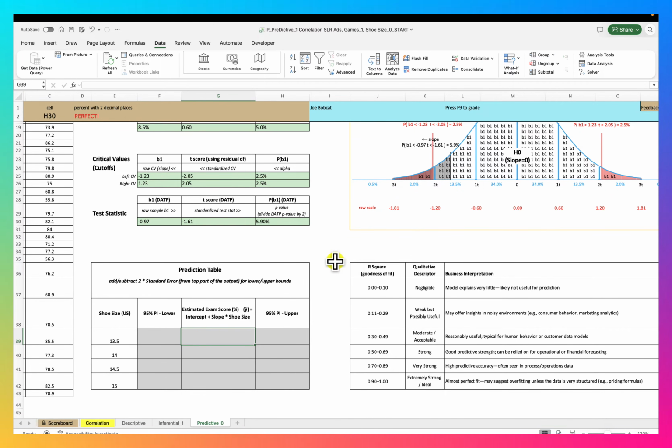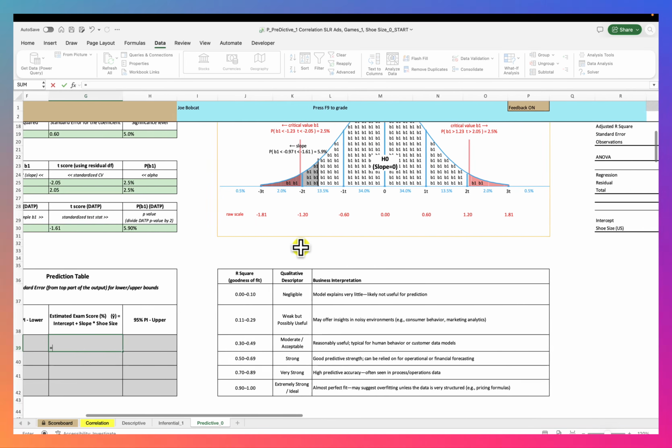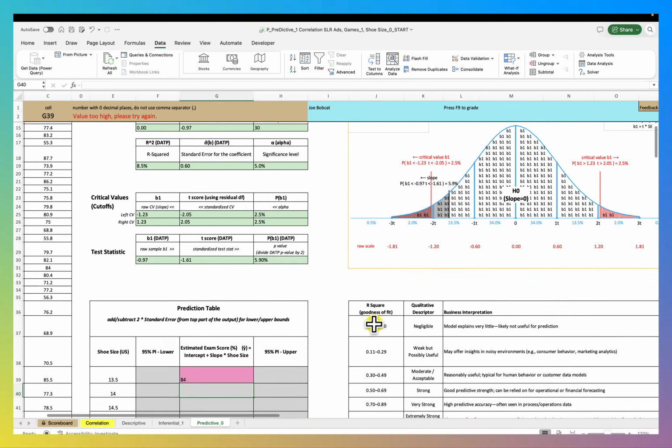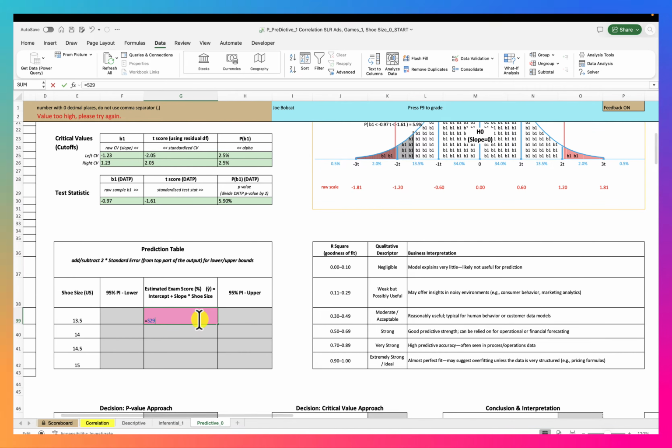So the estimated exam score here, right, because we actually were trying to do predictions for other shoe sizes over here, is going to be equal to the intercept. Let's go grab the intercept. Plus the, and since that's going to be copied, I probably should lock that.